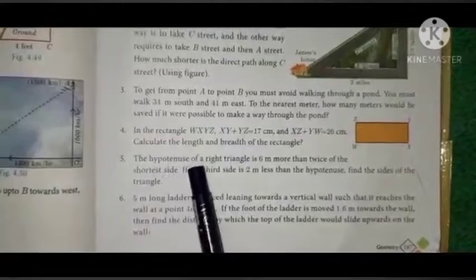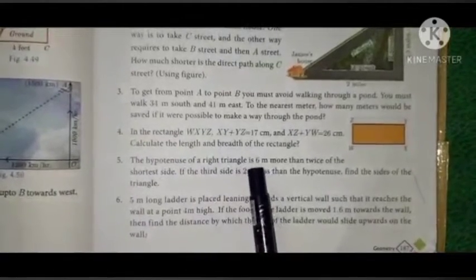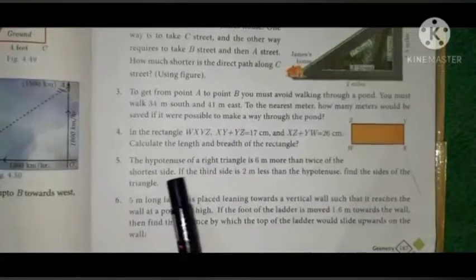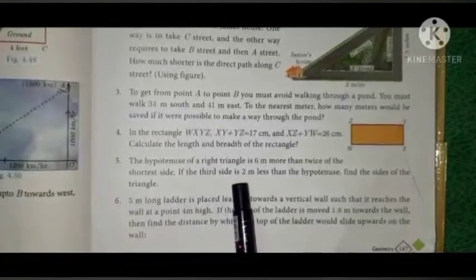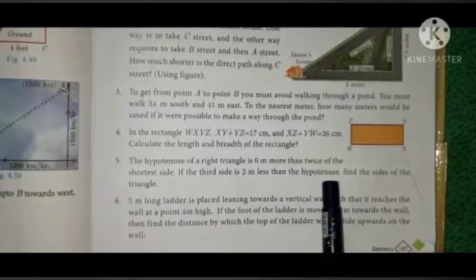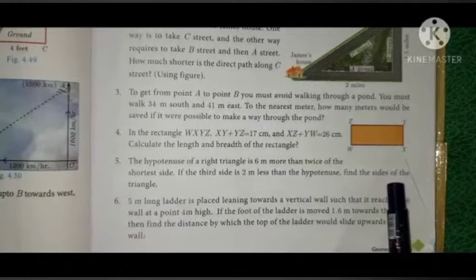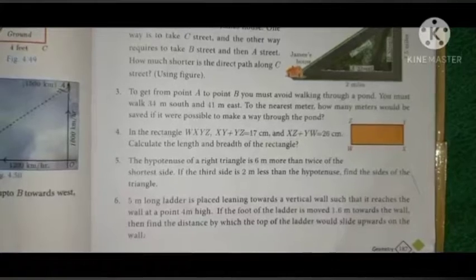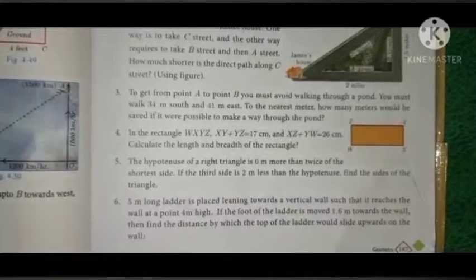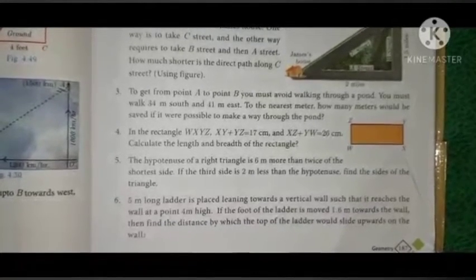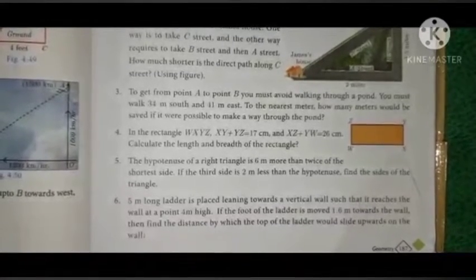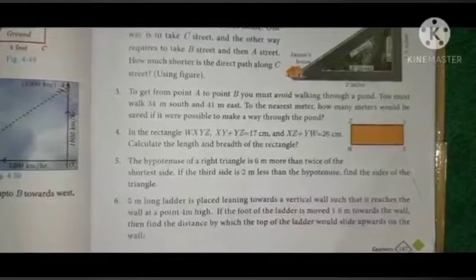The hypotenuse of a right angle triangle is 6 meter more than twice of the shortest side. If the third side is 2 meter less than the hypotenuse, find the sides of the triangle. A right angle triangle is given. Its hypotenuse is 6 more than twice the shortest side, and the third side is 2 less than the hypotenuse.